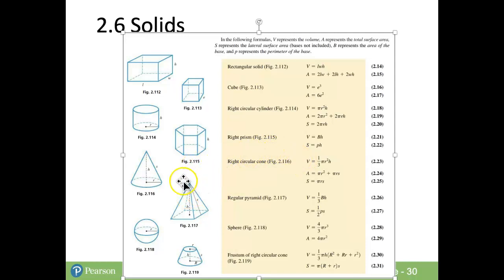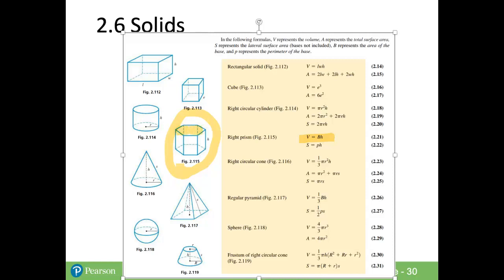For a right prism, that's this figure here. Let me see if I can highlight it here. That's this figure, the right prism. With a right prism, they talk about the area of the base times the height, because in this case, the base is this hexagon shape at the top or at the bottom.